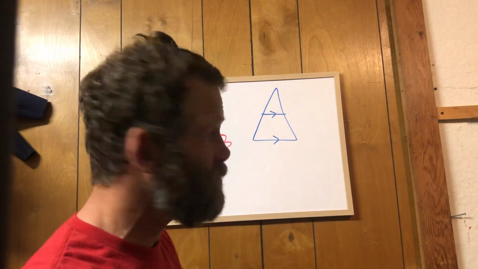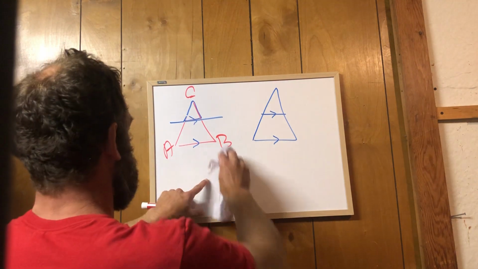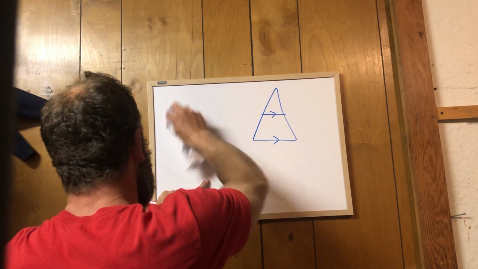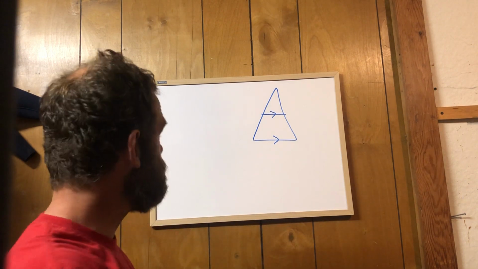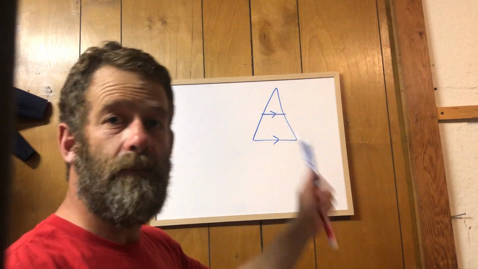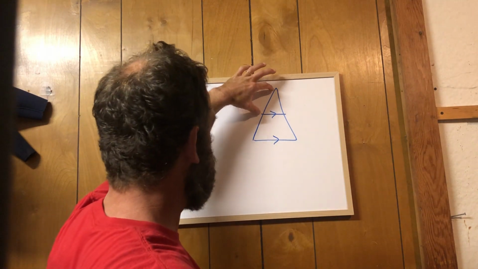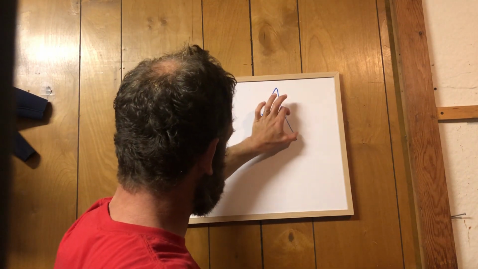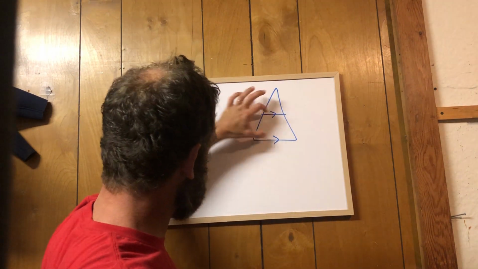And this only works whenever you have a line that's parallel to the base of a triangle. What the triangle proportionality theorem says, you can set this up as a proportion, but you have to put it in chunks. You would have to say this over this equals this over this. Or this over this equals this over this.